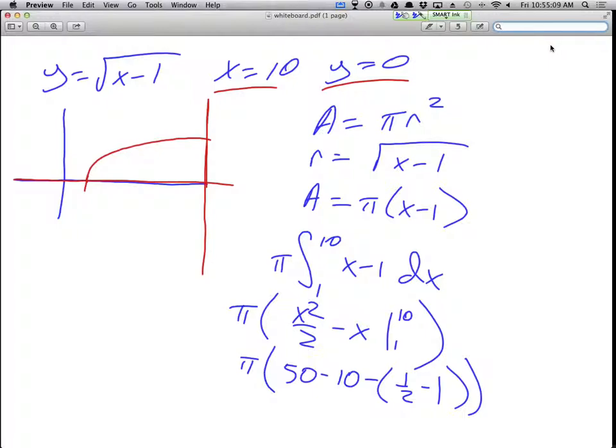That 1 is going to turn positive, which makes it 41. And then I have 41 minus 1/2, which gives me 40 and 1/2 pi, or what is that as an improper fraction? 81 over 2 pi, or 81 pi over 2.